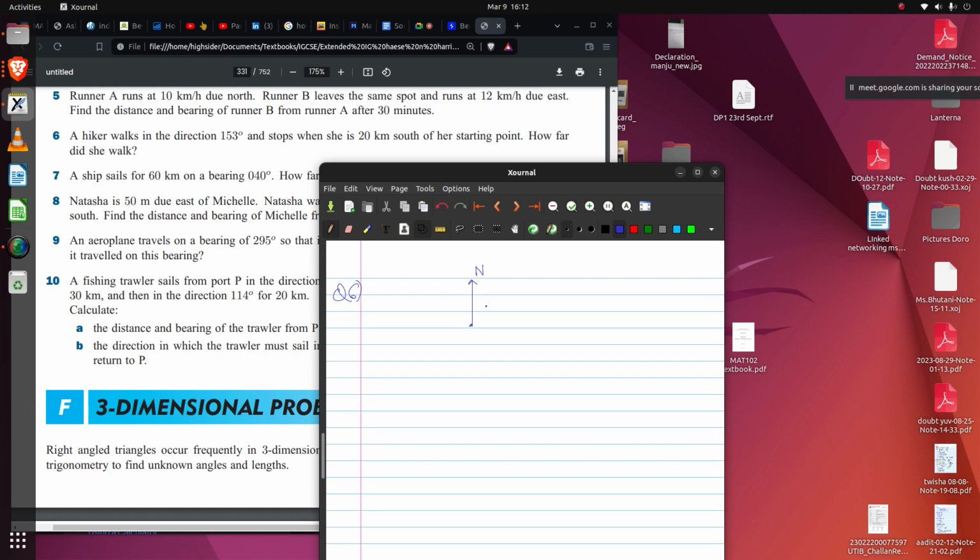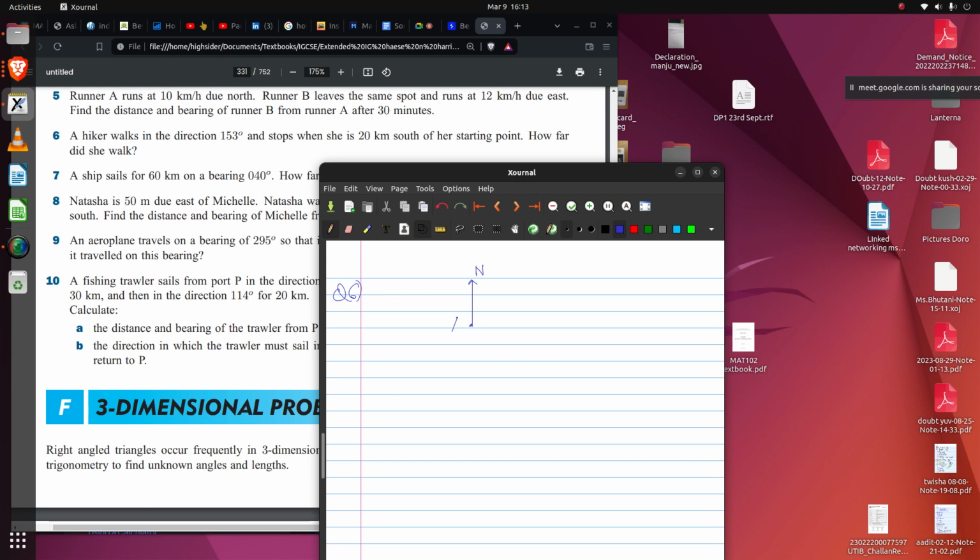Yes. So it says a hiker walks in the direction 153 degrees and stops when she is 20 kilometers south of her starting point. How far did she walk?